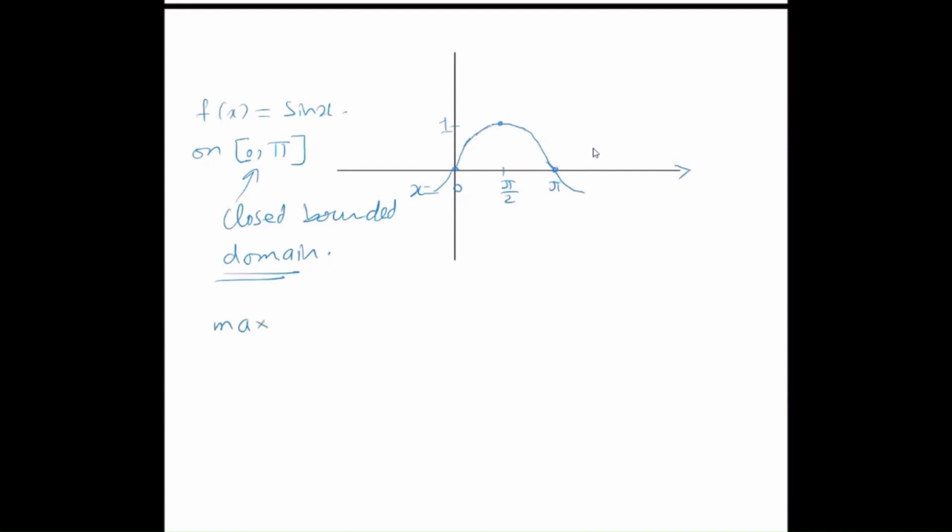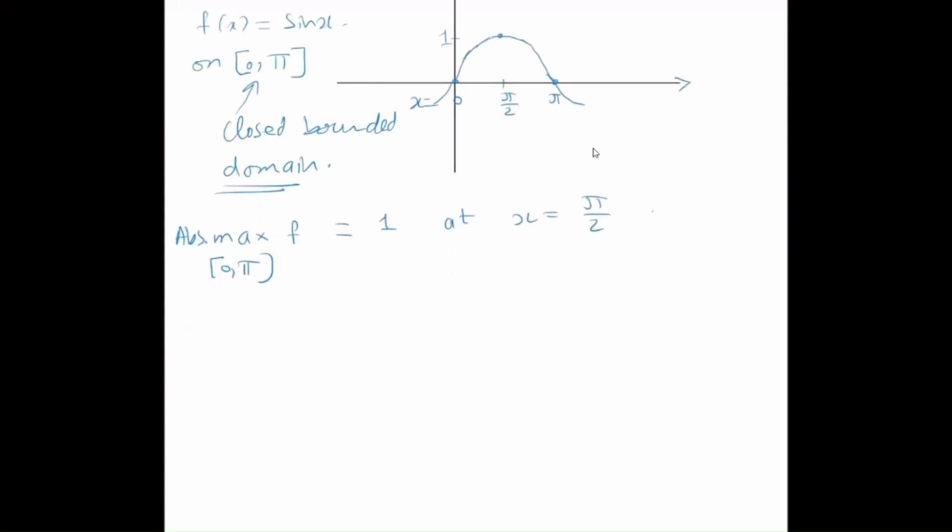The absolute maximum of f here on [0, pi] is what? What is the maximum value of the function here? Sama? Pi over 2, 1. It's 1. The point is pi over 2 and 1. The absolute maximum value of the function is 1 at x equals pi over 2, exactly. The point itself is (pi over 2, 1).